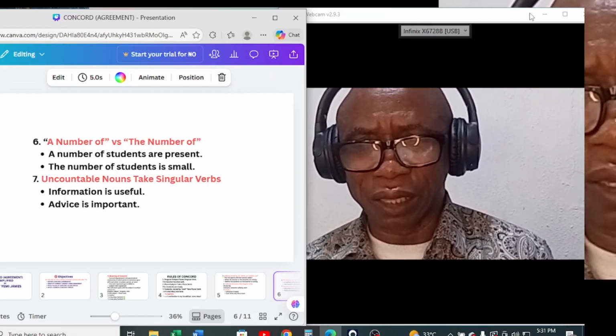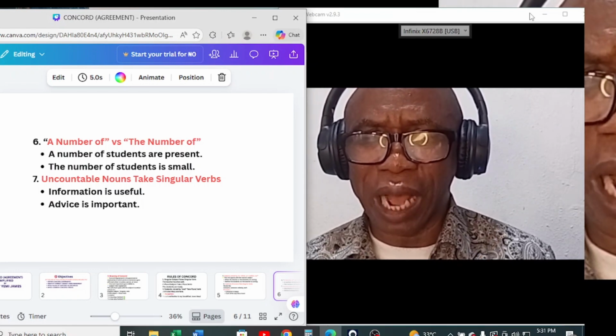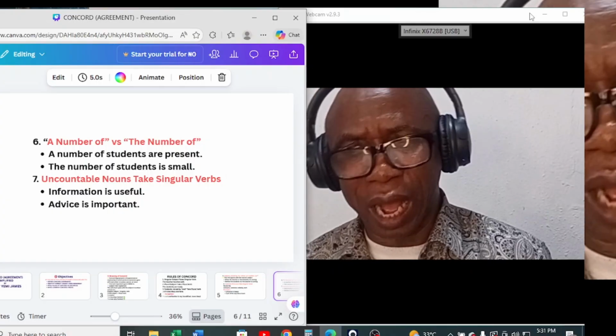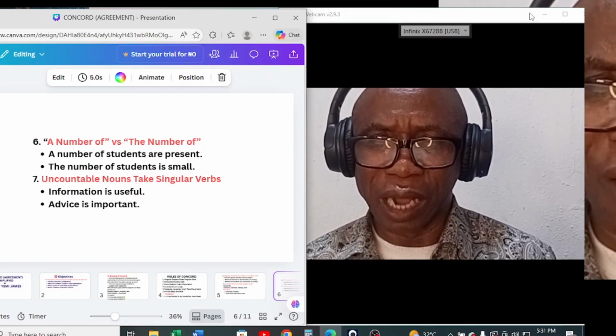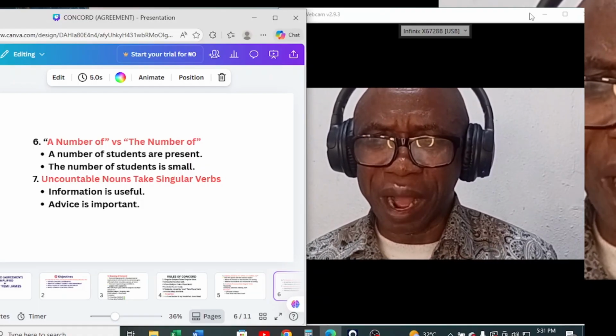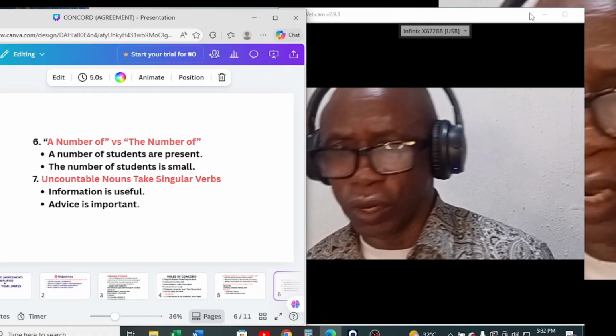When you look at these sentences, you see that they connote two different things. In the second one, we are looking at the number of the students. The number is a singular connotation, and therefore the verb has to be singular. But with a number of students, the connotation is plural, many students.